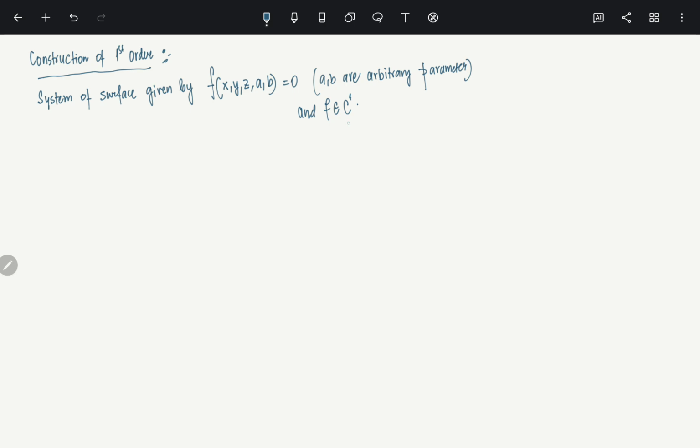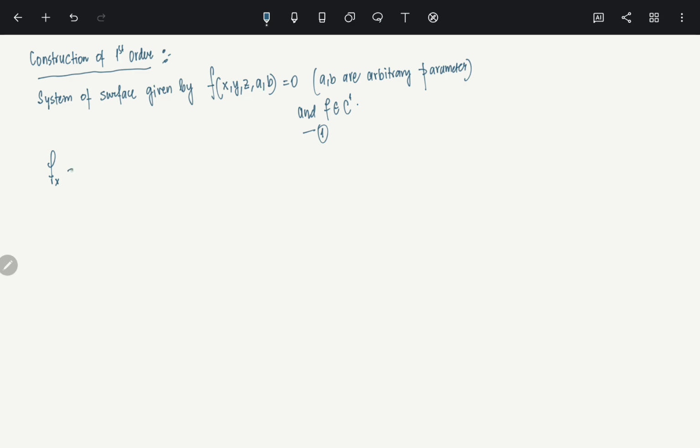Is this fine? Now the thing is this, since f is smooth, we can talk about the differentiation of this thing. So basically we can differentiate this whole expression with respect to x and with respect to y. Once you differentiate it, we have fx of x, y, z, a, b.